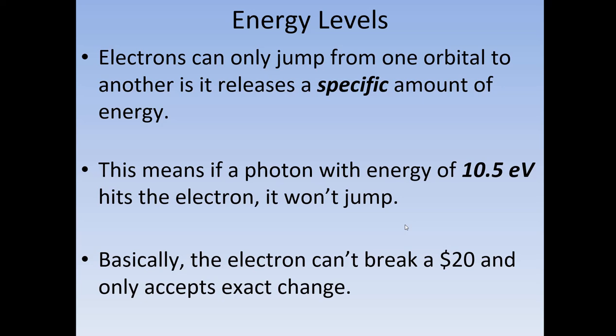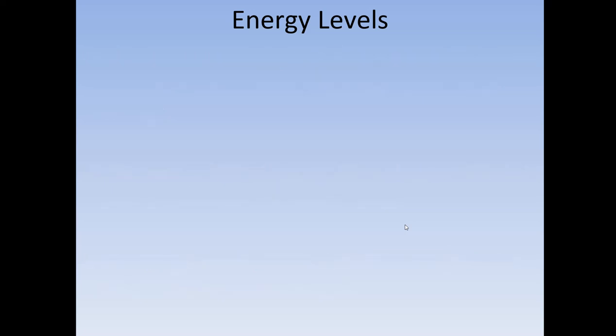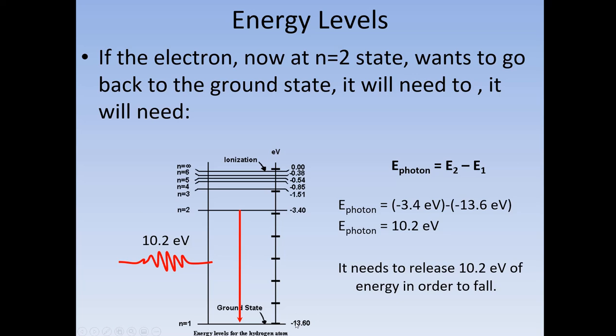The only time it's actually allowed to get more than what's needed is when it goes to become ionized. If we have an electron here that goes from the ground state to the ionization state, in this case I would need about 13.6 eV.